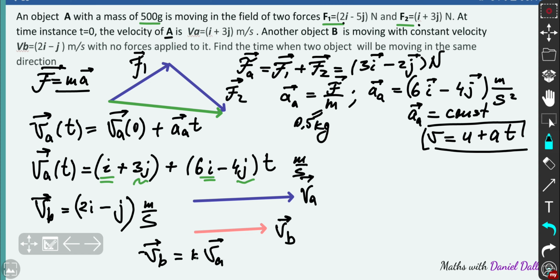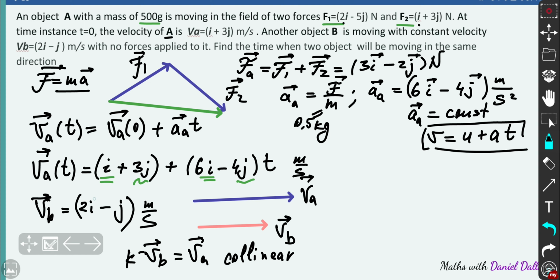Instead of writing k times VA, because that expression is quite big, we can multiply k by the vector VB, because smaller components, smaller numbers, are much more convenient. It doesn't matter where you put k as a factor. So they're collinear, parallel and directed in the same way, VB and VA.